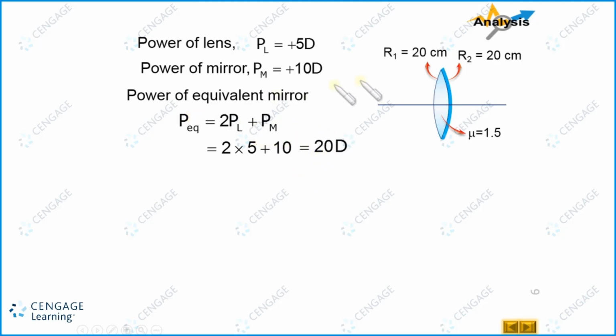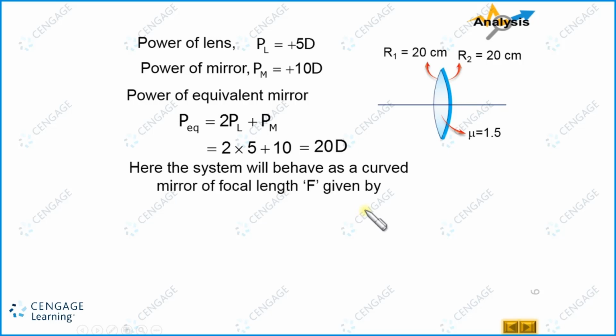Now this is a positive value. This equivalent mirror will have positive power, and we know the focal length of the mirror form can be written by the formula: power of the mirror equal to minus 1 upon focal length. So the focal length of the equivalent mirror should be equal to minus 1 upon equivalent power, and the equivalent power is 20 diopter.